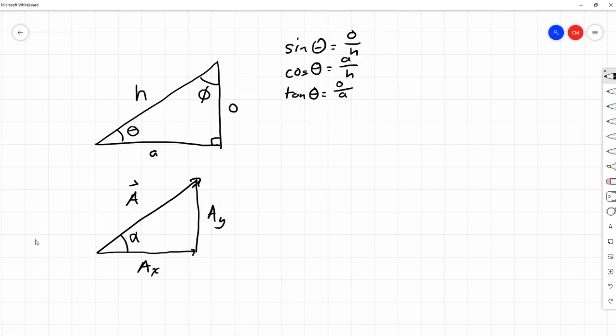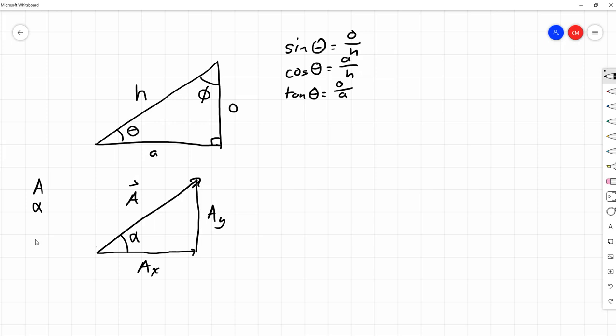Number two, we know our variables, our knowns and unknowns. In this case, we know the length of A and the angle alpha. We want to know Ax and Ay. It's a right triangle, so we can use the trigonometric functions. First you recognize the situation, then you grab the tools from that situation.